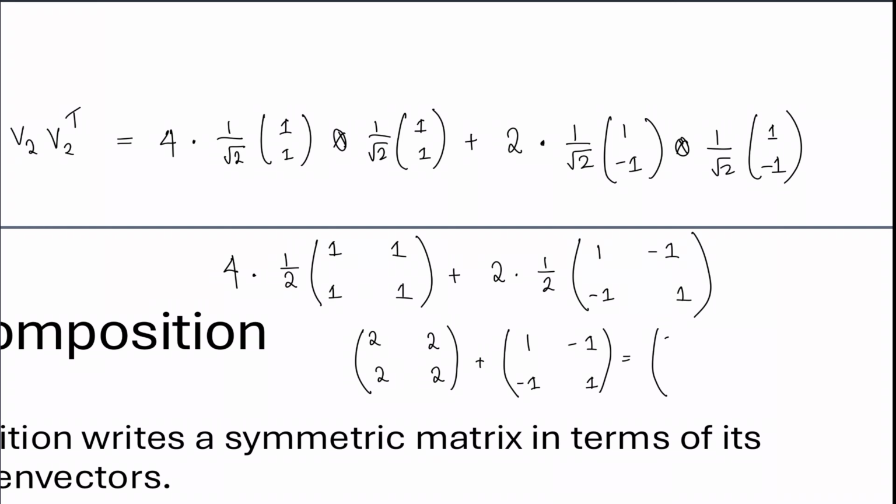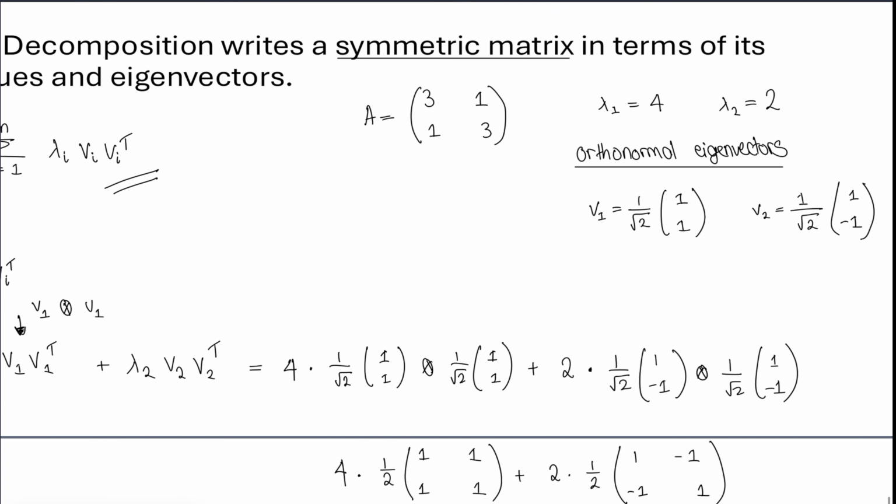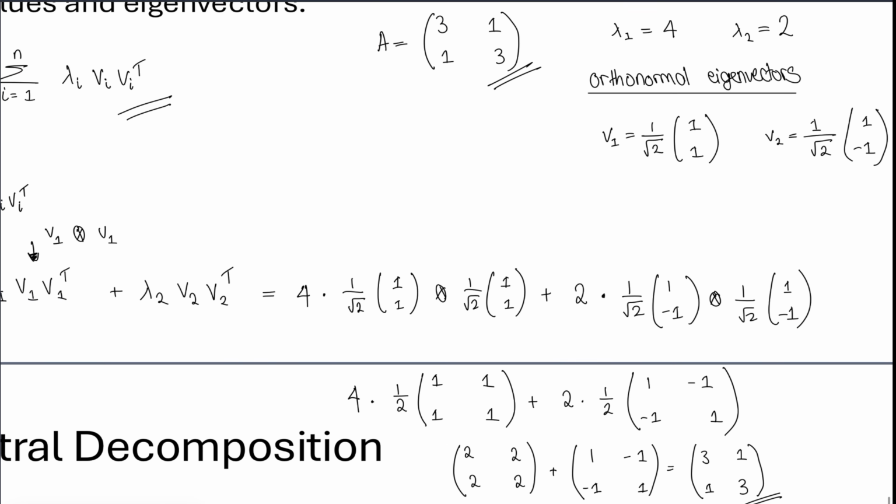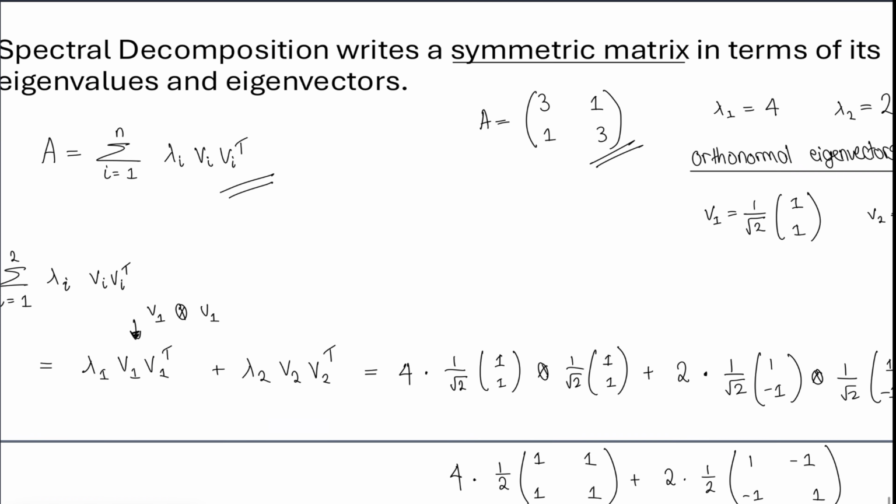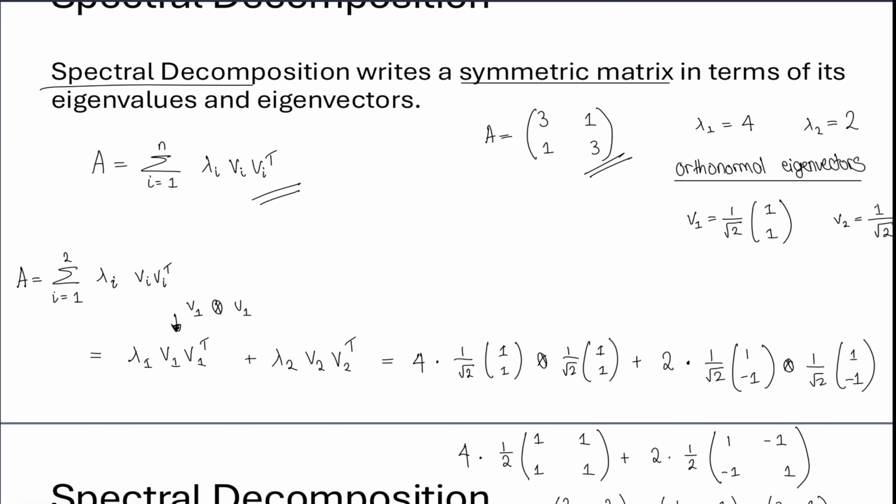And so our matrix becomes [3, 1; 1, 3]. So we have reconstructed our matrix A purely from its eigenvalues and its eigenvectors. So that is what spectral decomposition is.